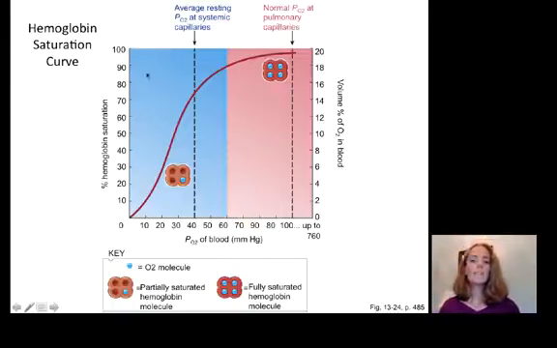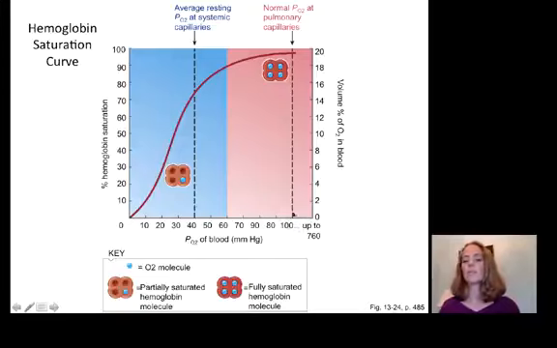So now let's look at this graph. This is exactly what we just drew, so you guys shouldn't be scared of it now, right? The percent hemoglobin saturation is on the y-axis. 0 means no oxygen bound. 100% means all 4 oxygens are bound. So what is the hemoglobin saturation in the lungs?